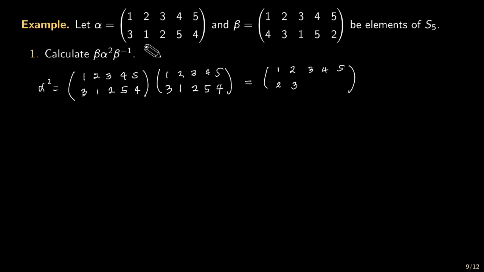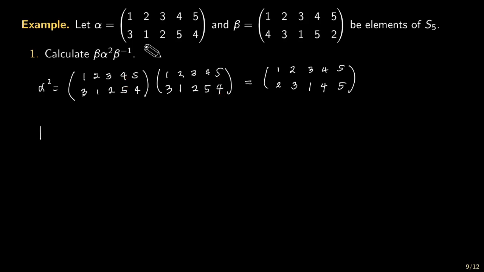Then what's the image of 3? 3 to 2, and then here 2 to 1. 1. What's the image of 4? 4 to 5, and then 5 to 4. 4. And then finally 5 to 4, 4 to 5. So here you get a 5.